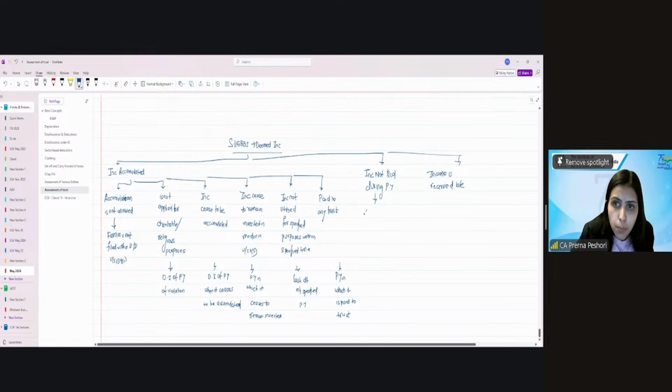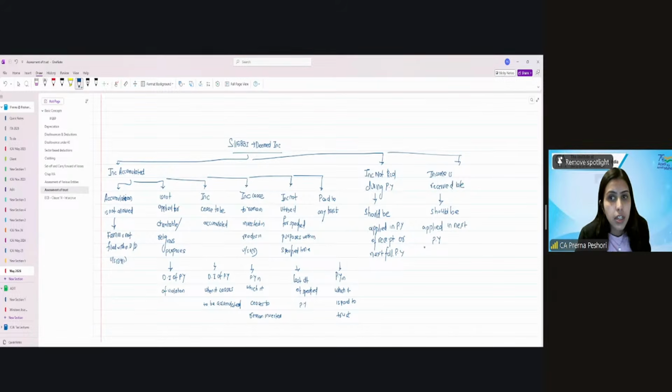So this should be applied in the previous year of receipt or next following previous year. And this should be applied in the next previous year. Yes or no?